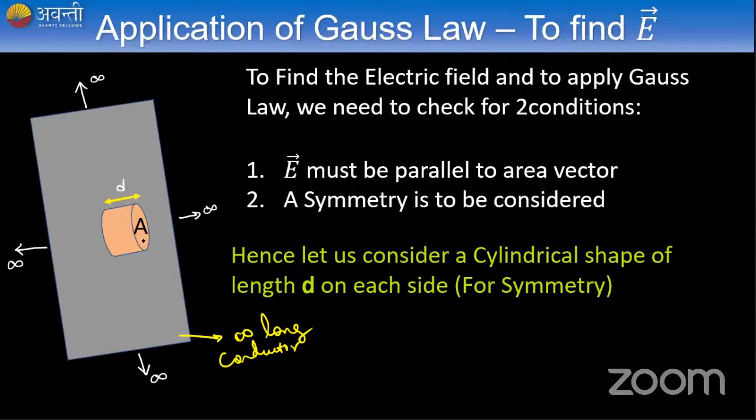Now the cross-sectional area of this cylindrical surface is A. Similarly, to maintain the symmetry, I'll consider another cylindrical surface of cross-sectional area A and length d on the other side of the sheet. So this is my first side and that should be my second side.